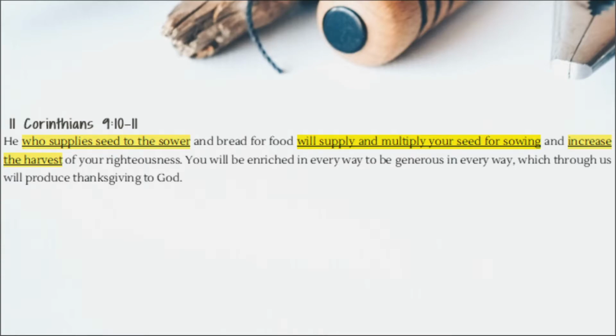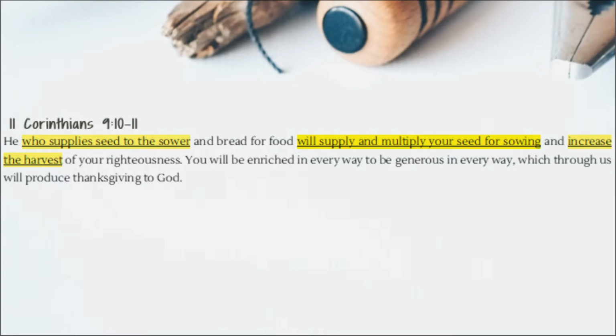Can the last part of that be one? You will be enriched in every way, generous in every way, which will produce thanksgiving. Yeah, you could put enriched and produce. Sure. I think it's all the same thing.